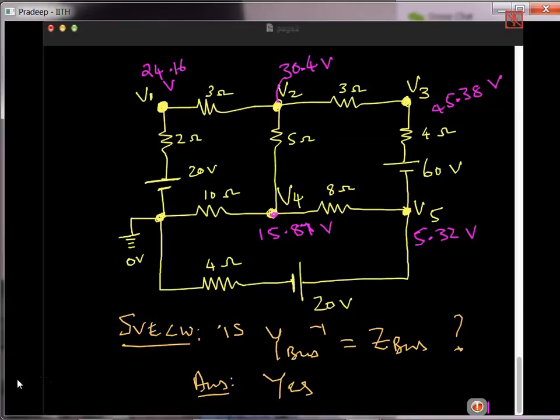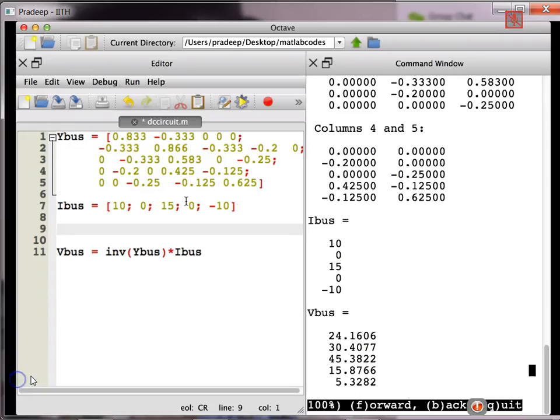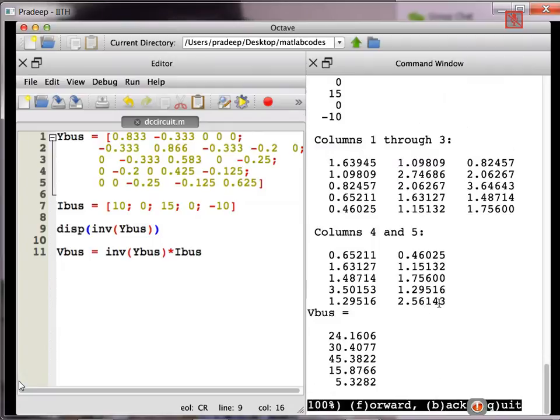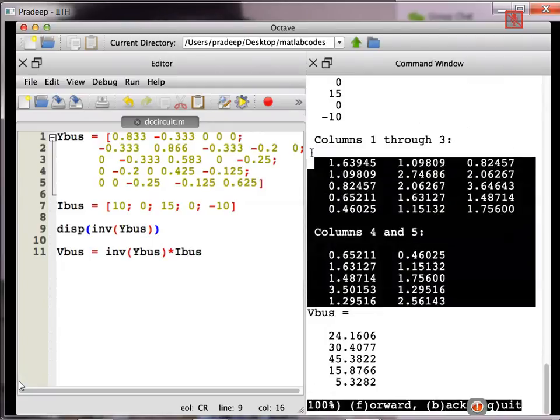So what you do is, I go back to Octave, inverse of Y bus. I'll just put the disp, that means it will display the inverse of Y bus. So here what you notice, this is nothing but Z bus.